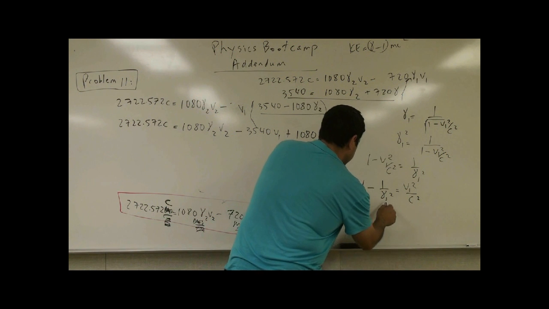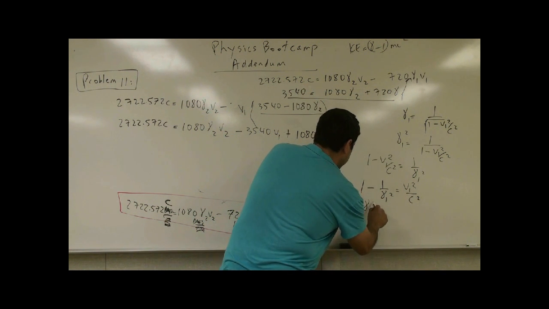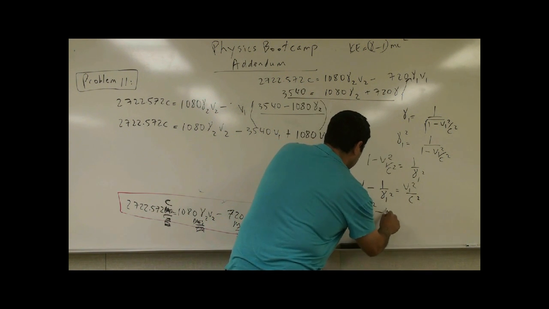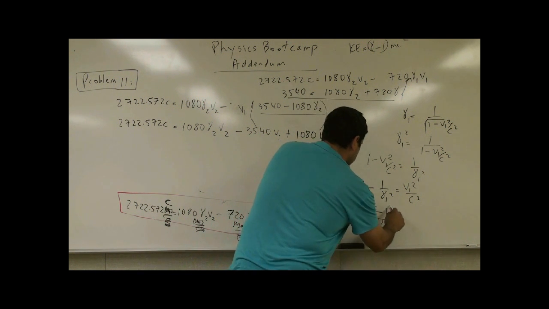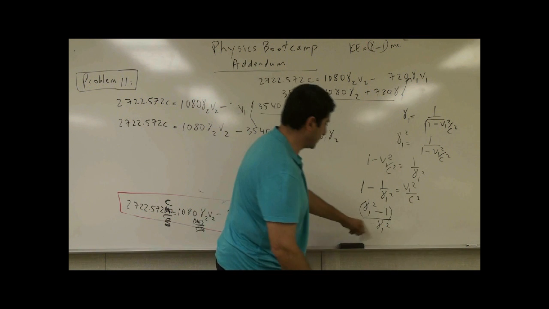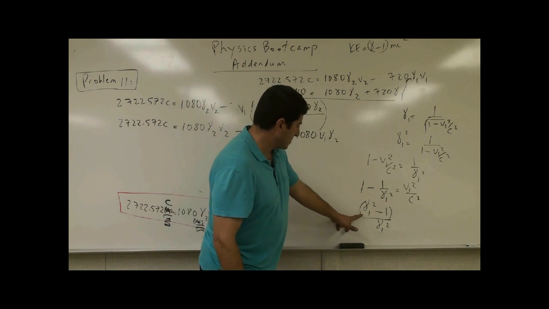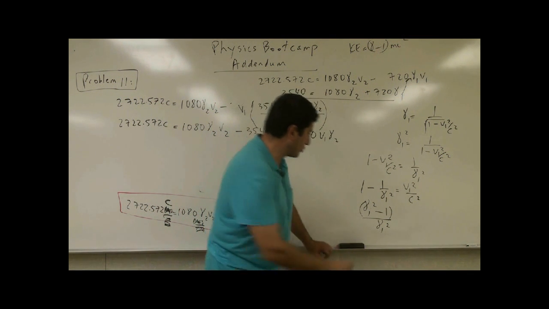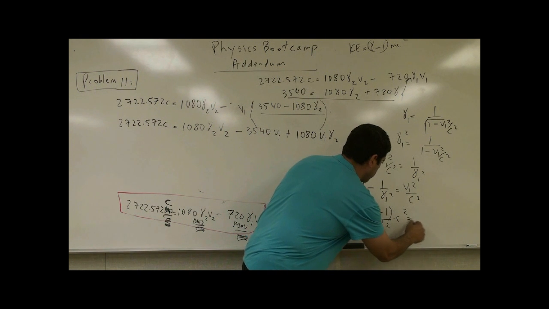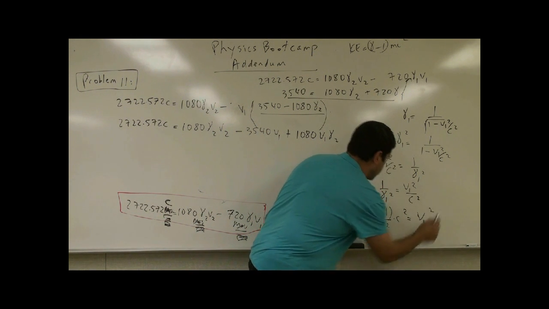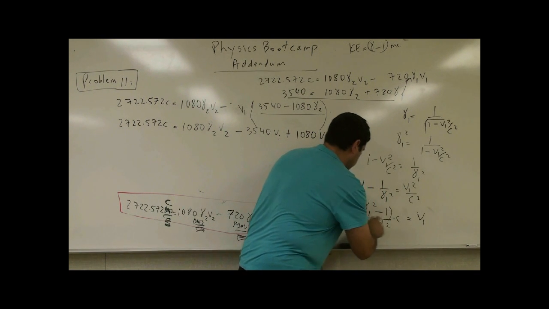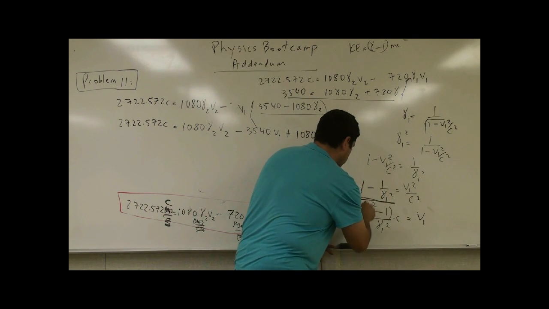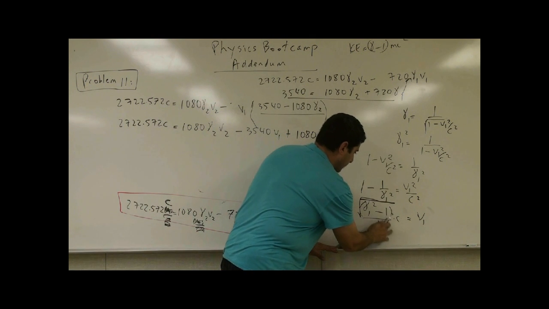Simplify it. We can say gamma 1 squared minus 1 over gamma 1 squared. Okay? So get it under a common denominator: gamma 1 squared minus 1 over gamma 1 squared times c squared equals v1 squared, and then square root both sides. If you square root the bottom, you get rid of it.